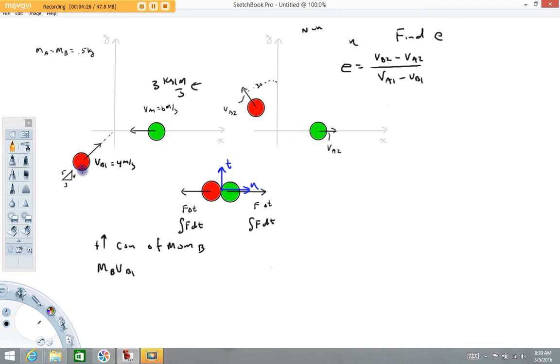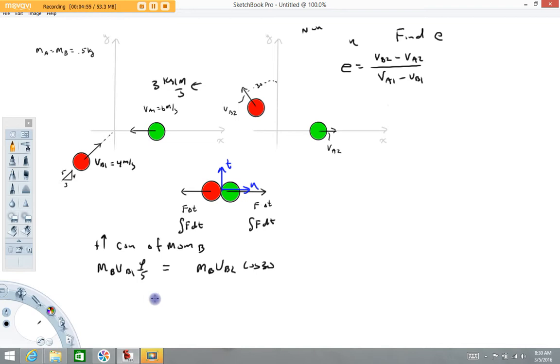I want the tangential component, so I'm going to multiply that by 4/5. Now I'm going to look at this picture. The tangential component of that momentum vector is going to be VB2 cosine 30. That's the component along the y-axis, or in the tangential direction. Because this impulse does not have a y component, we can put equality between these.